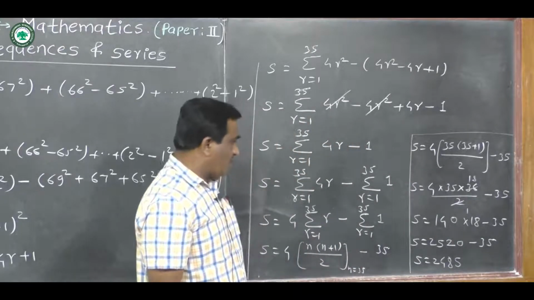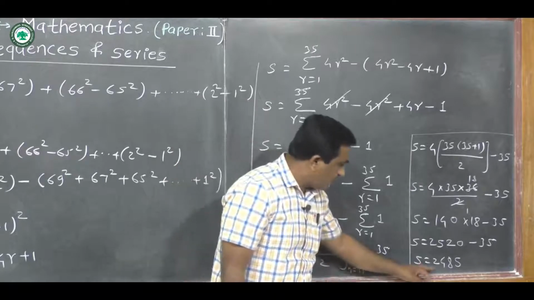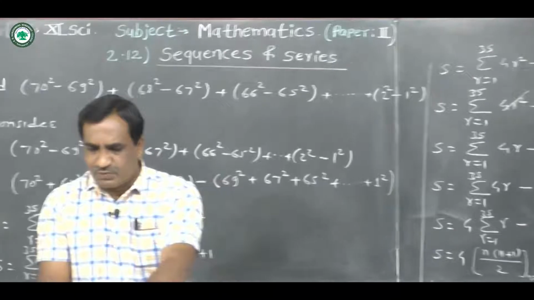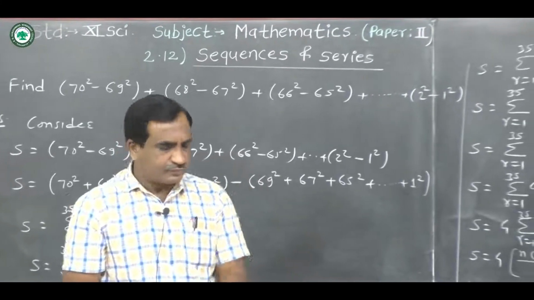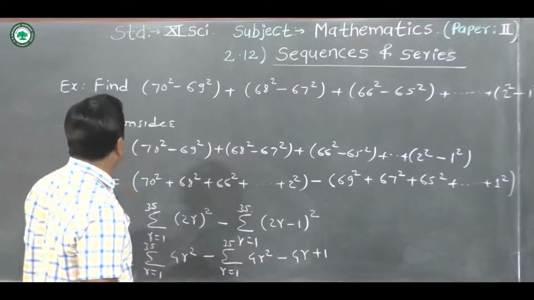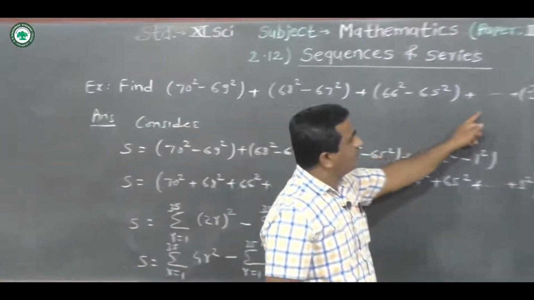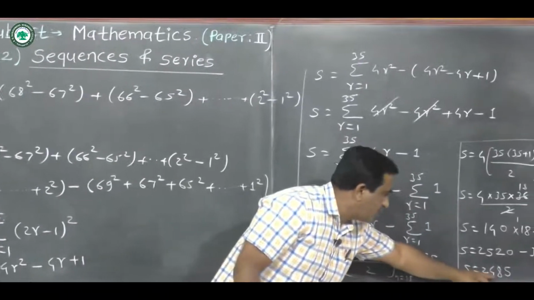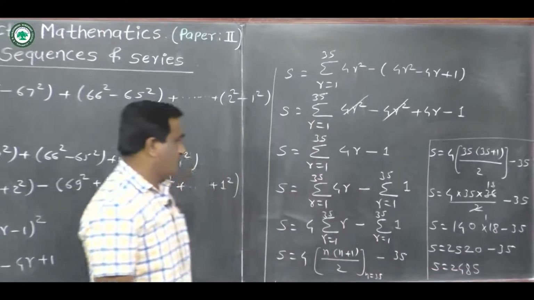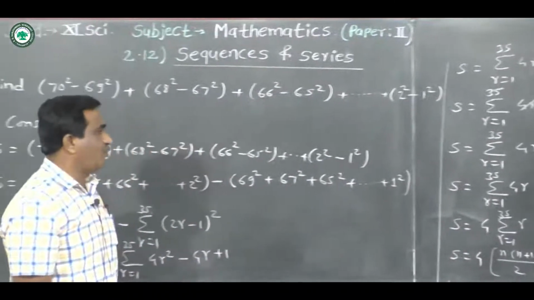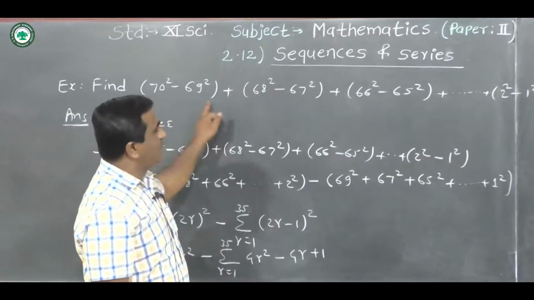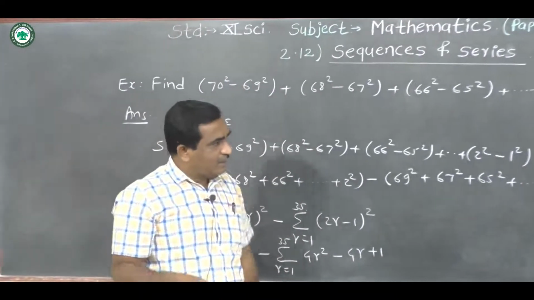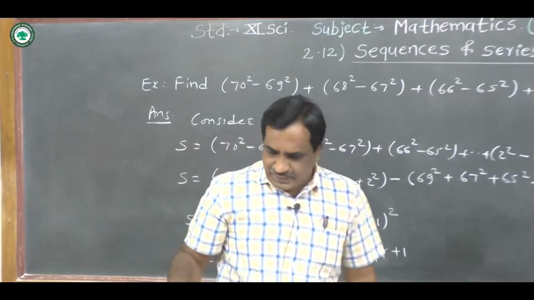This is the value of S. S is equal to 2485. Okay, 2485, and which is the value of this sum. S is equal to this, therefore value of this summation is 2485.